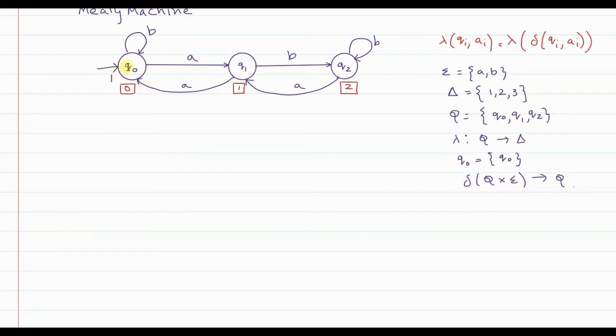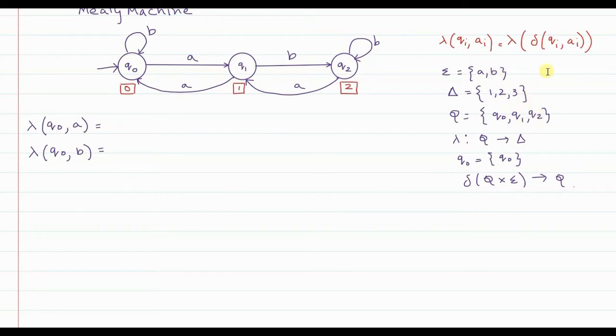According to the formula, you have to find lambda of the first state Q0 on the first input symbol, that is A. Then we find the output from state Q0 on the second input, that is B. There are only 2 input symbols, A and B. Then next lambda of Q1 on A, Q1 on B, and then Q2 on A, Q2 on B.